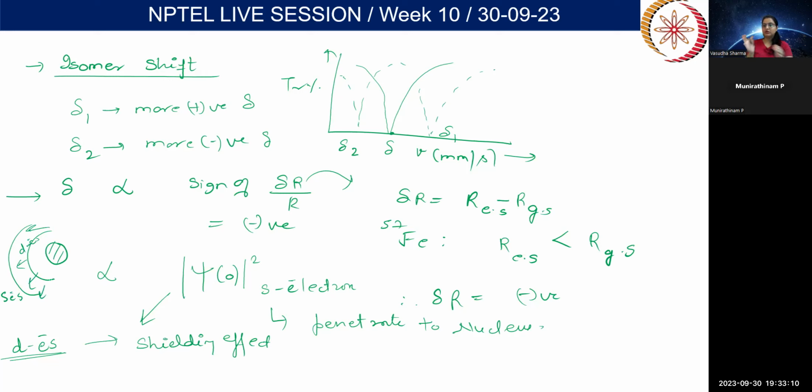So more d electrons will shield more of the s electron density from getting into the nucleus. Therefore, if we have more d electrons, it would give more shielding to the s electrons, and therefore this psi-square value would be less.